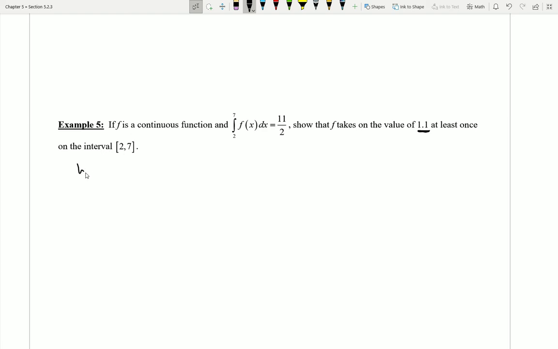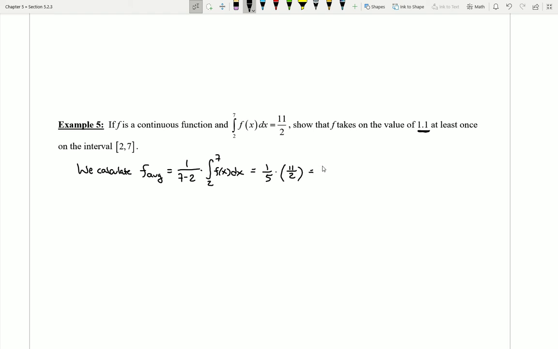So let's see. I'll start off by saying that we calculate that the f average for this function would be 1 over, let's see, 7 minus 2 if I use my interval from 2 to 7, times the integral from 2 to 7 of my function. Now, fortunately, I actually know that this is going to be 1/5 times the area under this curve, which I was given as 11 halves.